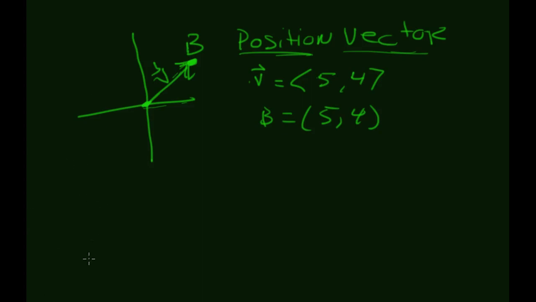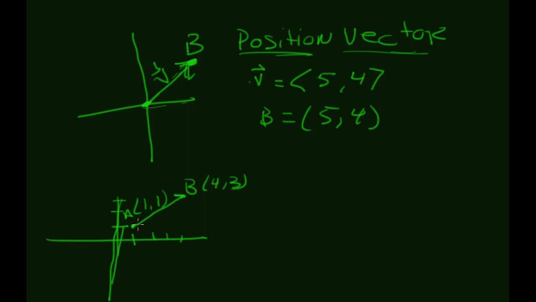Since we have a coordinate system, let's say I have a point A at 1, 1, and I have a point B at 4, 3, right? So A is at 1, 1, and B is at 4, 3.